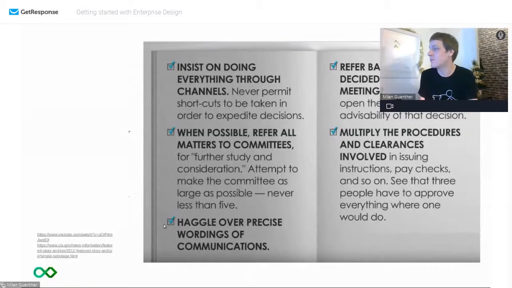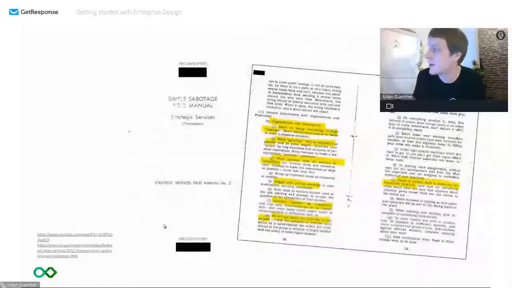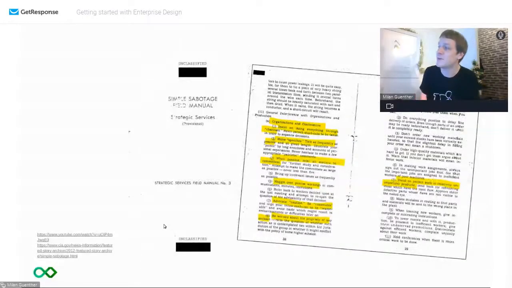So where's this list coming from? And the answer is, it's coming from the Simple Sabotage Field Manual by the CIA, declassified in 2012, I think. And it is a manual on how to effectively sabotage an enemy business. So if you were working in a German company during the Second World War, and you wanted to help the American side, this is what the CIA wanted you to do in order to sabotage the business.